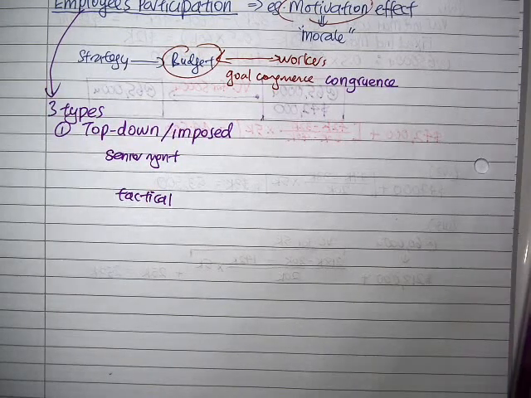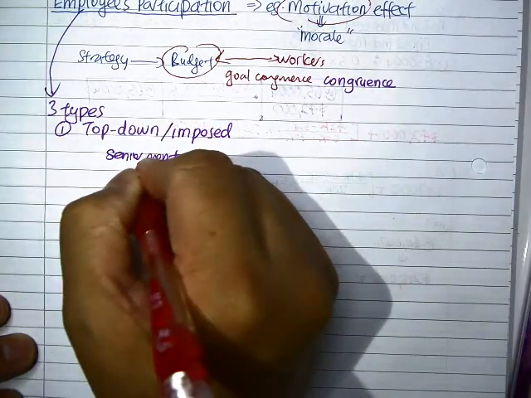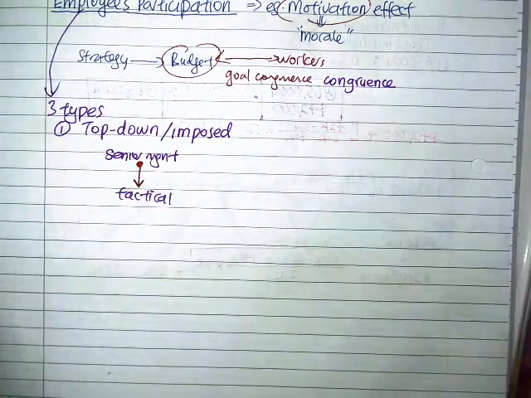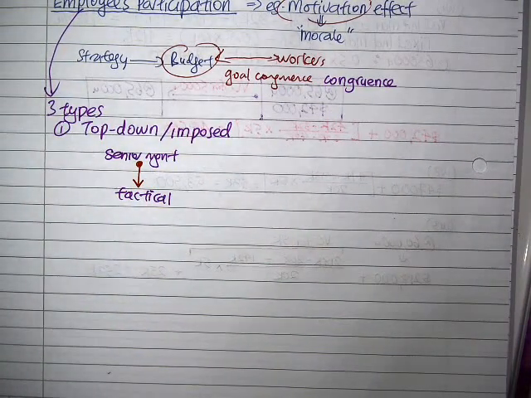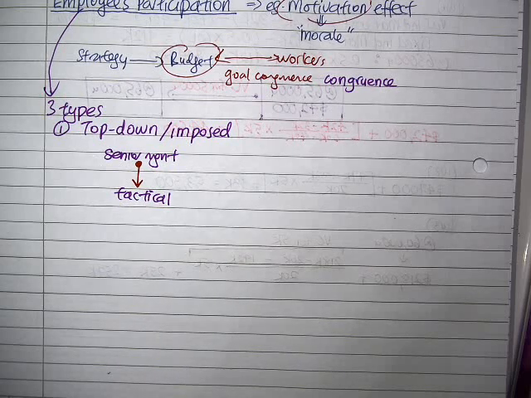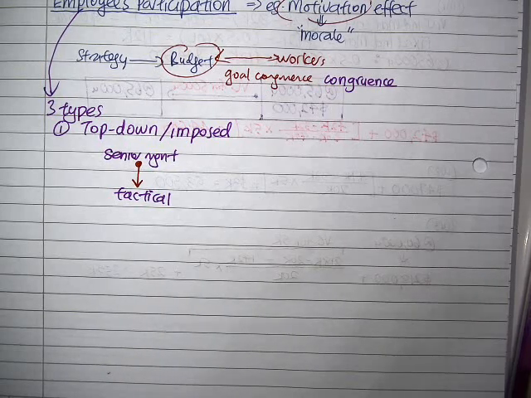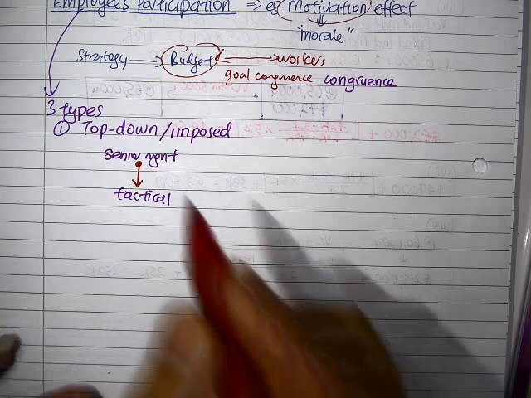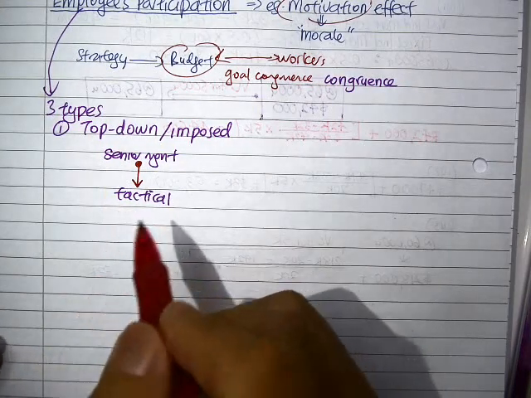Now, a top-down approach is where the strategic level will impose. They say and you listen. That's all. You don't have to give ideas. You don't have to say why. You just do. You will realize that in this type of situation you don't have a chance to participate.